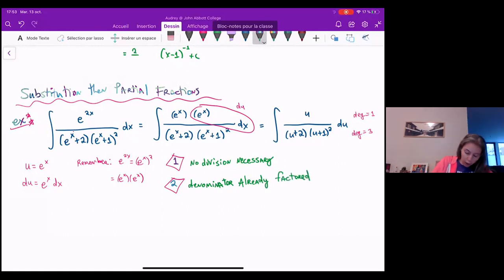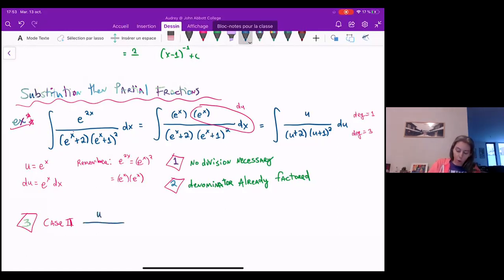Which brings me to my third step, which is to create my partial fractions decomposition. Now I see that u plus 2 occurs one time, but u plus 1 is there twice. It's being squared. So what that tells me is that this is an example of a case 2 problem because one of those factors occurs multiple times.